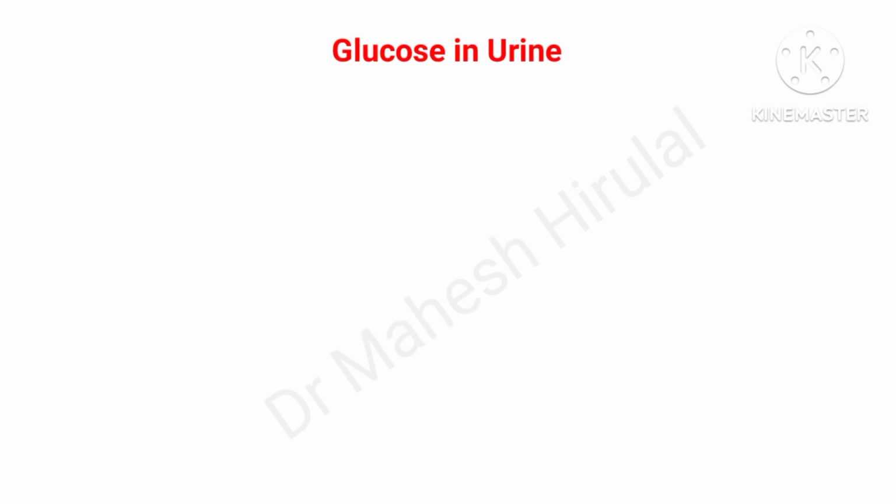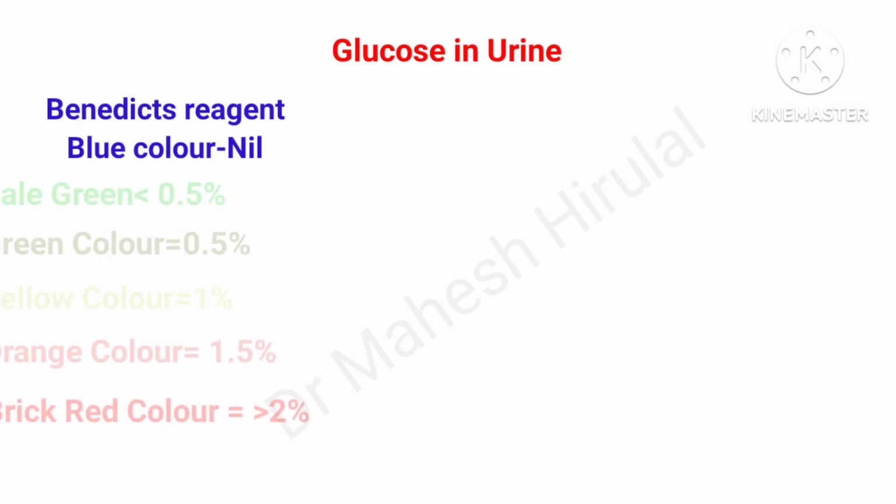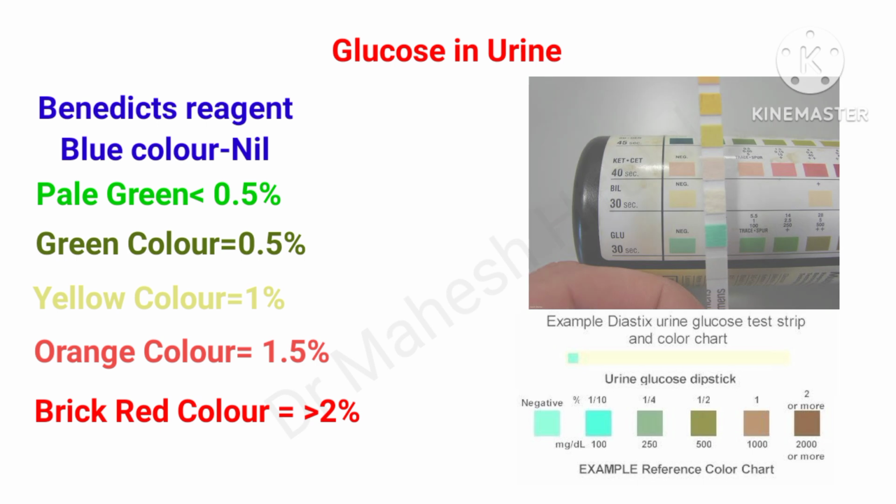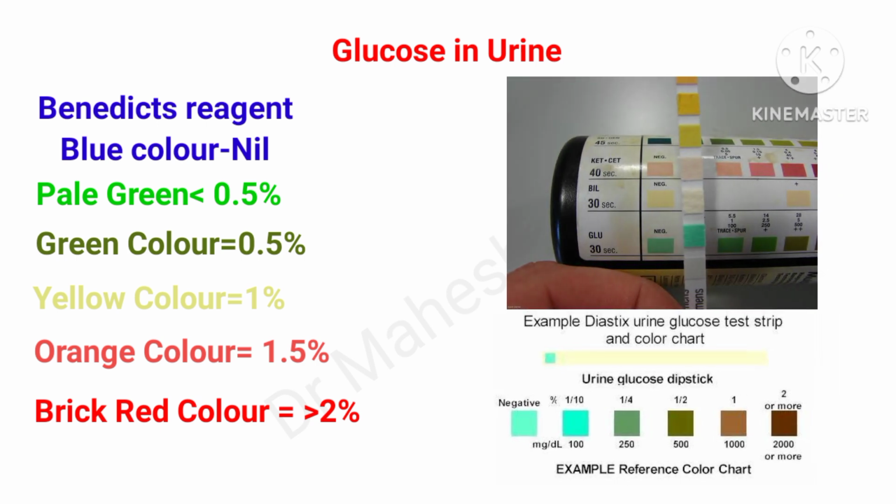Glucose in the urine can be detected by Benedict reagent test. Benedict reagent test has become almost outdated at present. Nowadays, in the laboratory, the urine dipstick method is used to detect glucose in the urine.